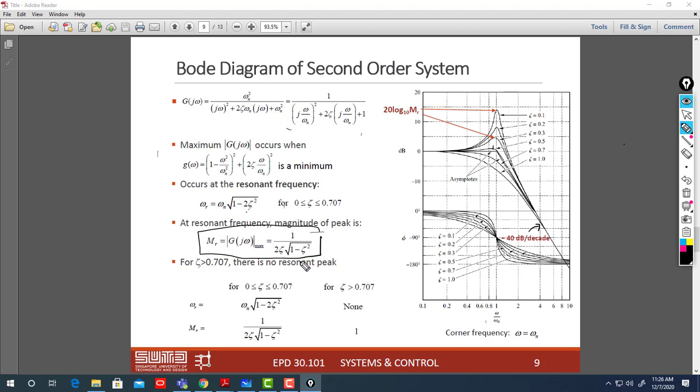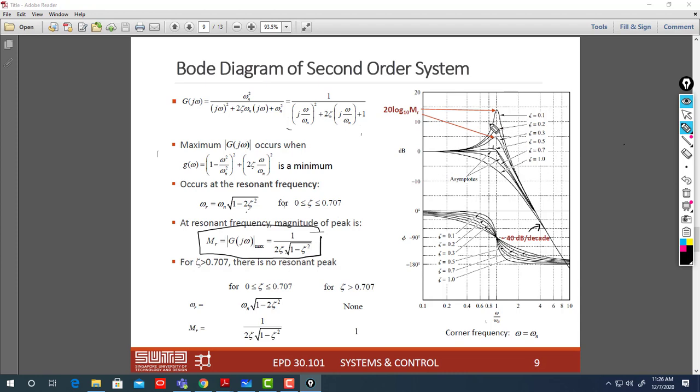This formula is very important in finding zeta, because if I give you the graph and you know the amplitude, you can measure it on the graph, so you can find zeta. That's how to find zeta.